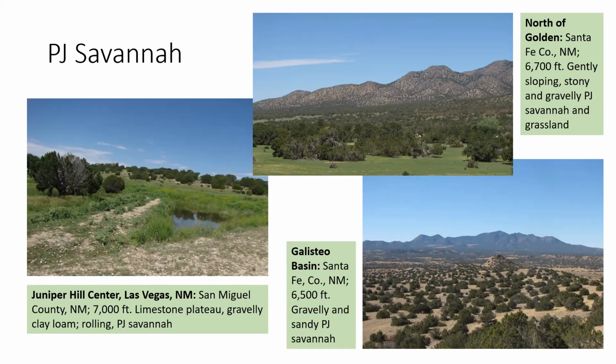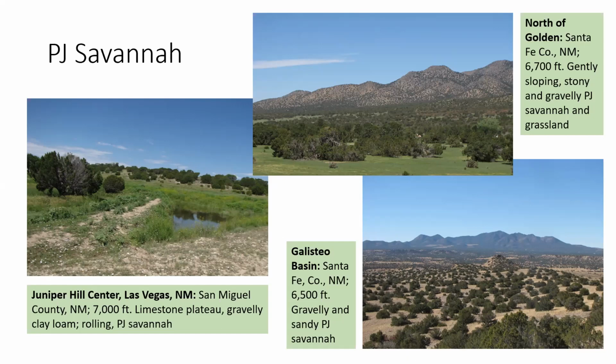Then also in southern Santa Fe County, we have good examples of pinon juniper savanna south of the Ortiz Mountain, but also north of it in the Galisteo Basin at around 6,500 to 6,700 feet. It's gently sloping, stony to gravelly, and has a variable density of pinons and junipers depending on drought and land use.